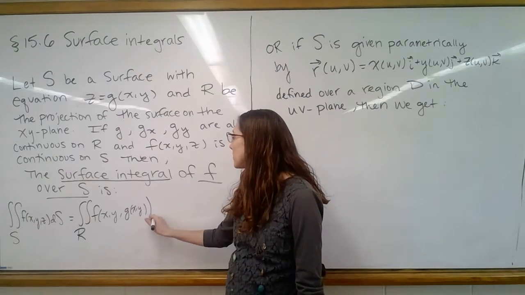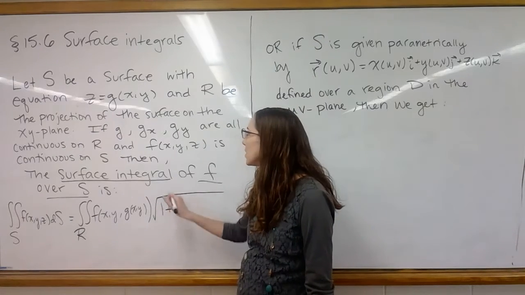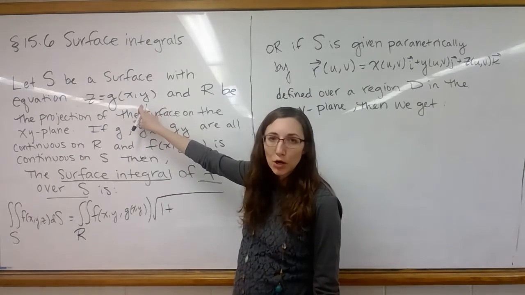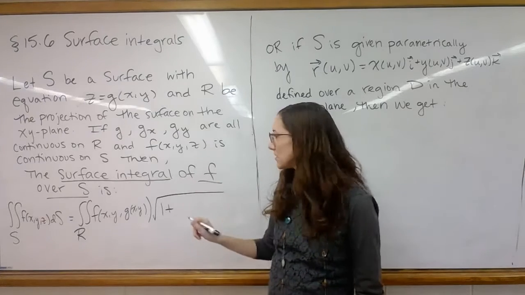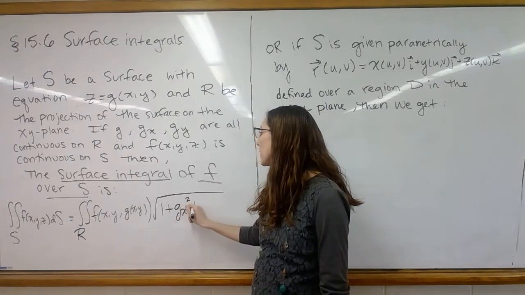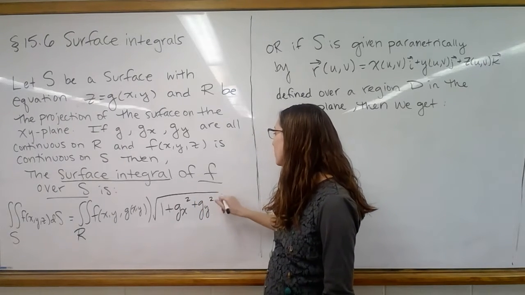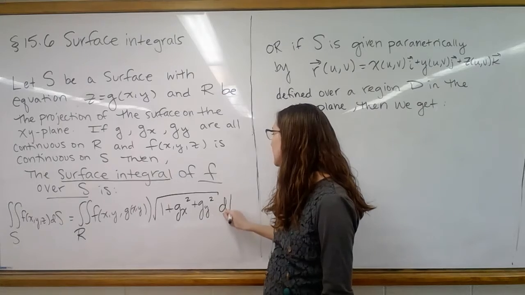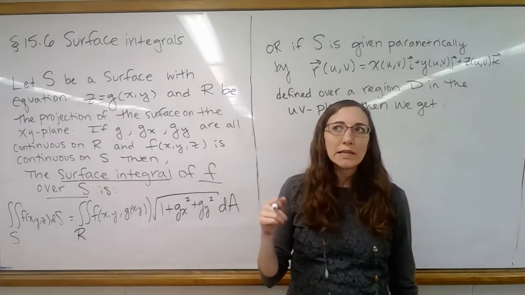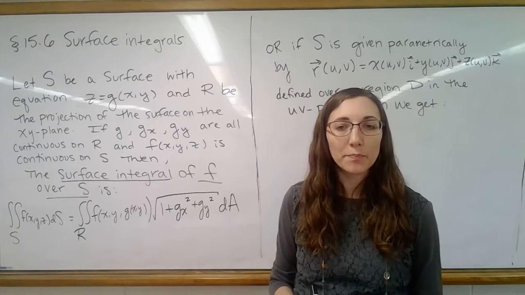So we're going to multiply this by the square root of 1 plus the squares of the partial derivatives of the surface. So we'll have g sub x squared plus g sub y squared, and then we're going to do this dA. So we'll either do dy dx or dx dy, depending on how we decide to set up the bounds for R.